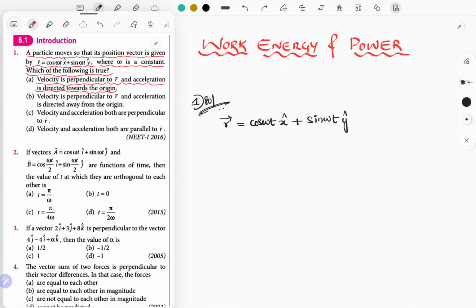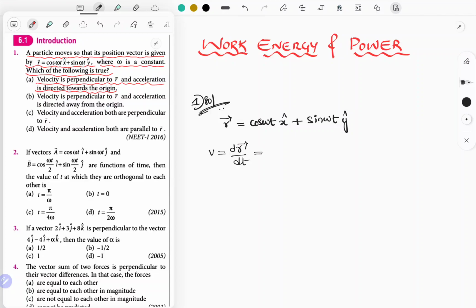That means from this position vector, I have to find out both velocity and acceleration. In this question, position vector is given with respect to time. To find out velocity, you just have to differentiate the position vector with respect to time.